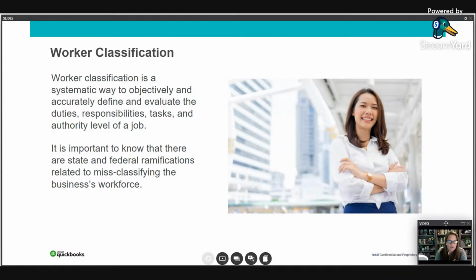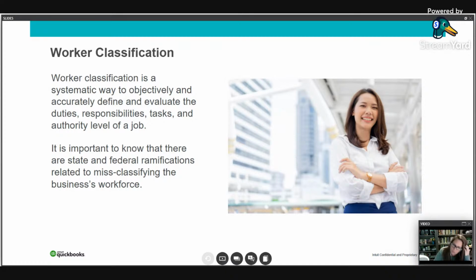So the earnings of a person working as an independent contractor are going to be subject to self-employment tax. Generally, you're not going to be taking taxes out of a contractor's pay. The general rule to follow is that an individual is an independent contractor if they have the right to control or direct the result of the work, not what must be done and how it will be done.